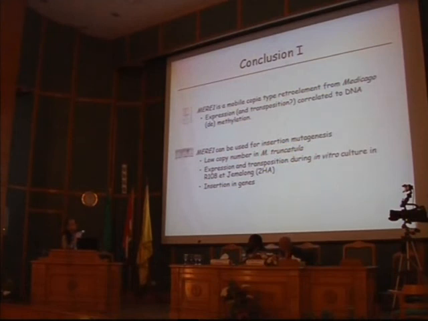Its transposition is linked to demethylation of the DNA, a process probably induced by tissue culture. It has a low copy number in Medicago truncatula. It transposed during in vitro culture. What I didn't show you here is that it's transposing only during tissue culture and only during these 2 weeks. We never saw transposition outside tissue culture. And it inserts in genes.